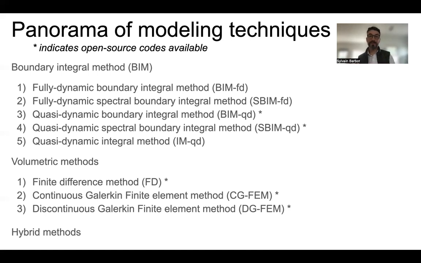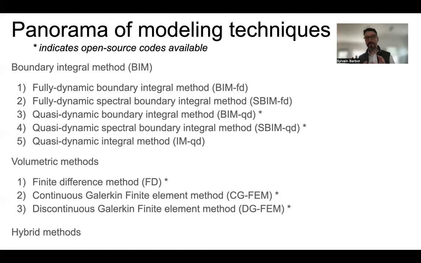And different flavors of the boundary integral method come about whether we include or neglect the radiation of seismic waves, if we make further simplifications that allow more efficient methods, such as Fourier transforms. So we have a spectral boundary integral method that is very efficient. And if we ignore the radiation of seismic waves or not, whether we use the spectral method or not, it provides different declinations of this technique.